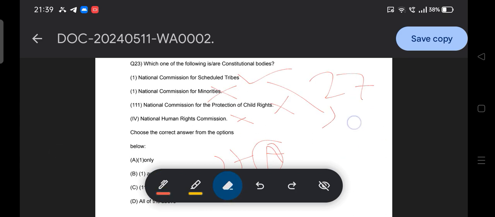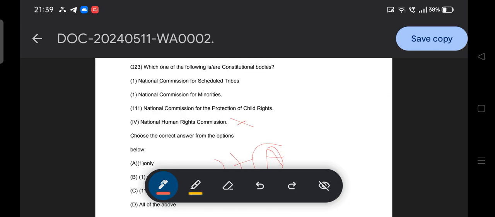Before that, you should remember the other things also. For example, the National Human Rights Commission is important.